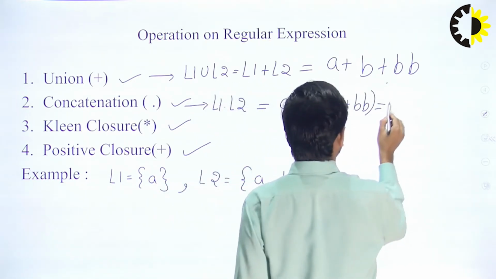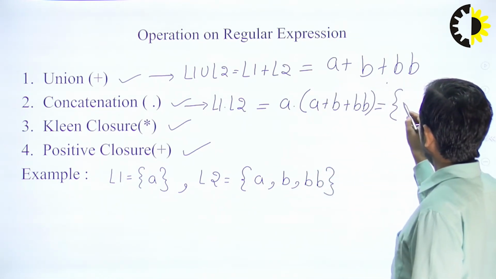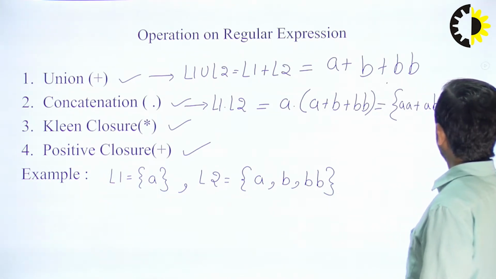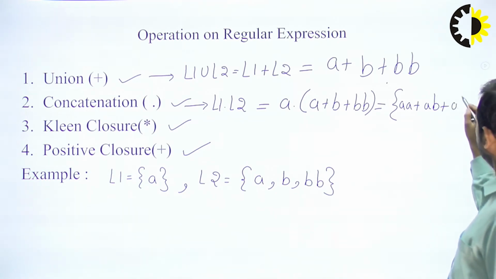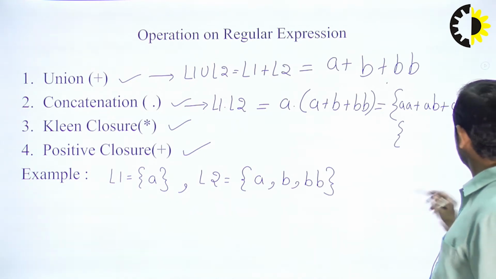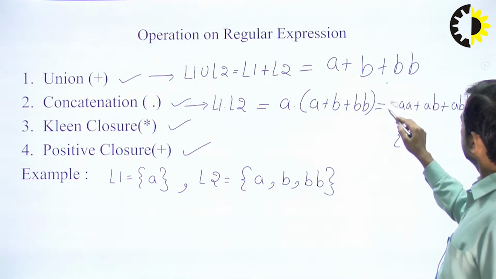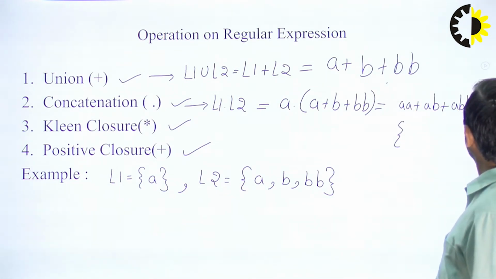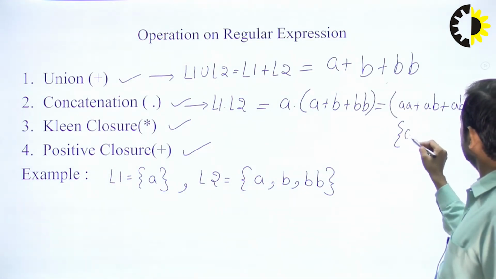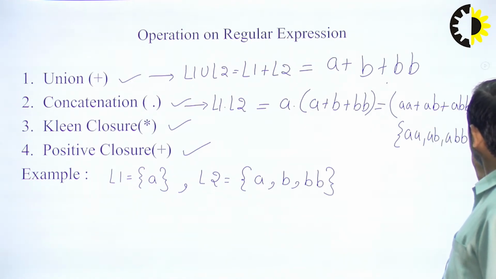The resulting language will be A dot A is AA, A dot B is AB, and A dot BB is ABB. So we can write AA, AB, ABB.